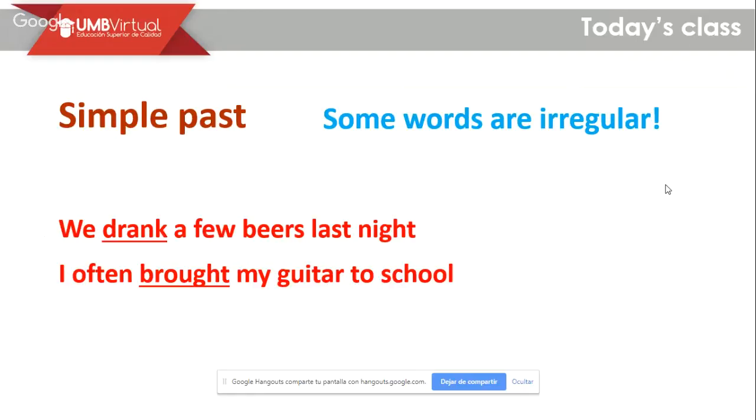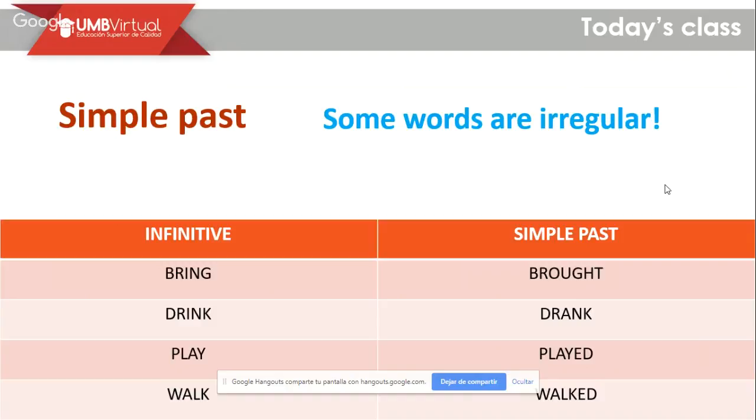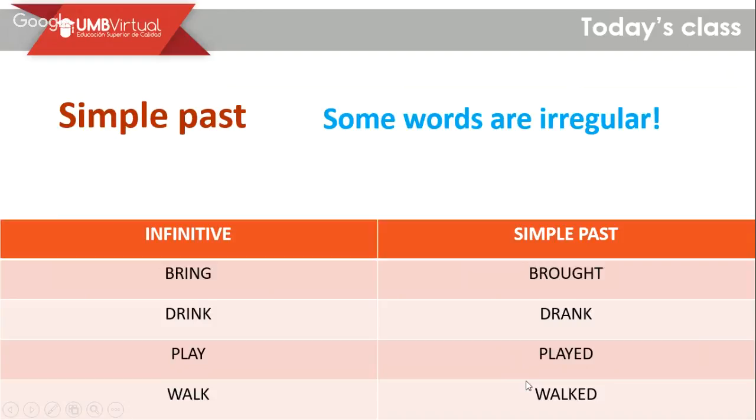Or brought, that's the past tense of the word bring. In these scenarios, we don't add ed because these words are irregular. So if we look at this chart, we can see that, for example, play and walk, they're conjugated with ed, but drink and bring are not.